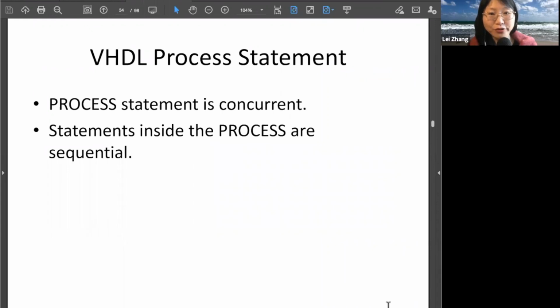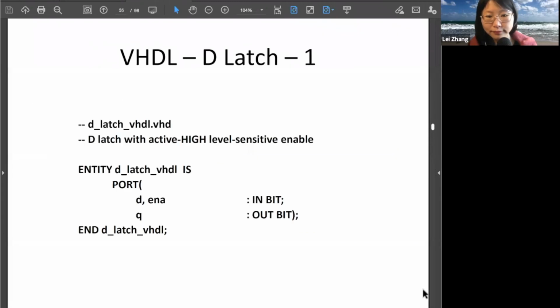Okay, VHDL process statement. We talked about process, and the process is sequential. So in this chapter, we will have a look at the example for writing a VHDL process statement for the sequential circuit. For the D latch example, we have D and enable signals as inputs defined as bit.